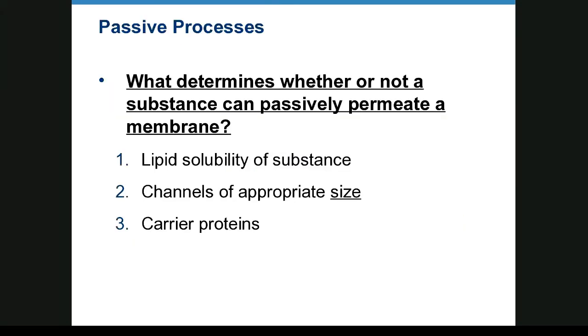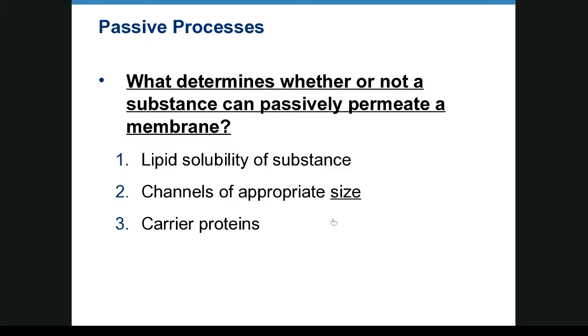Okay, what determines if a substance can passively permeate a membrane? One is it lipid soluble? Because you remember you got that in-between area that's waterproof. So you got a lipid soluble substance such as oxygen, it goes right through. You also have to have channels of appropriate size. If a protein is too big, it can't get through.